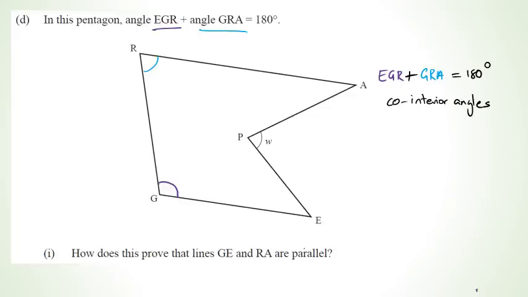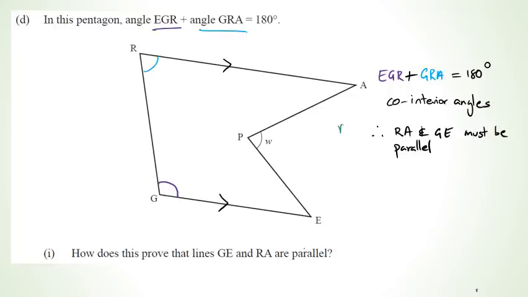And because they're co-interior angles, because remember co-interior angles add to 180, therefore RA and GE must be parallel. Yeah, that's basically it. These two have to be parallel because those two angles add up to 180 degrees. And remember, co-interior angles add up to 180 degrees.